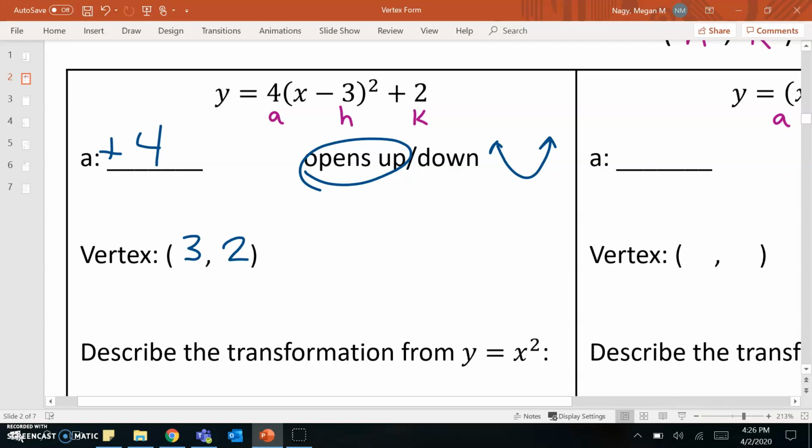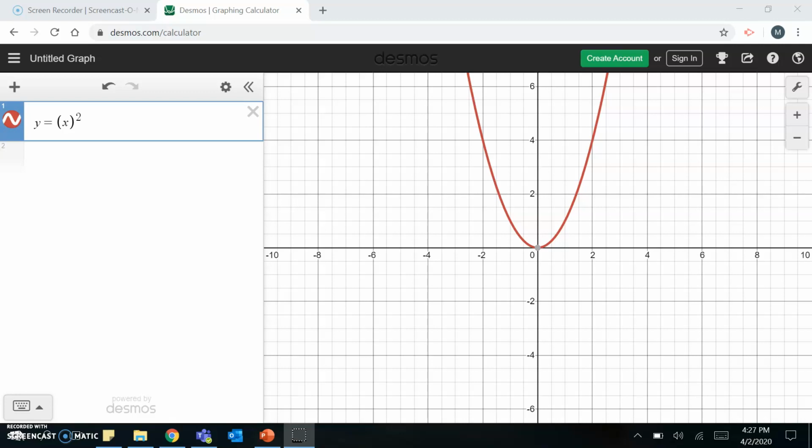Now what we're going to add on to that is describing how the graph transforms. So a regular parabola, x squared, starts at 0, 0. Each one of these numbers in the equation moves the parabola in some way, and your job is to describe those movements. So we can see here, x squared is graphed, and it's just a regular U starting at 0, 0.